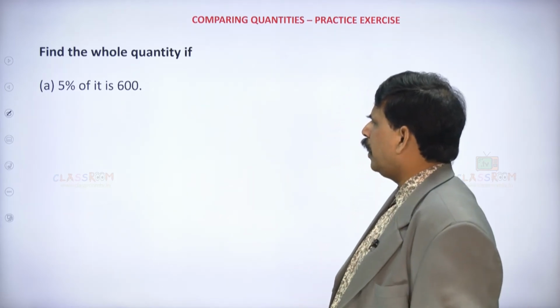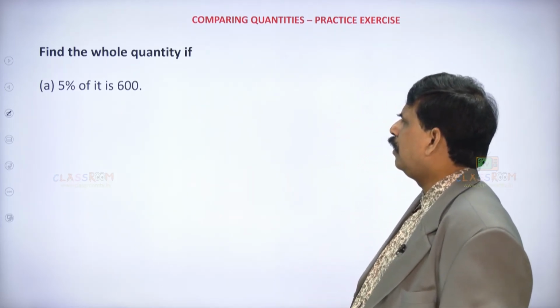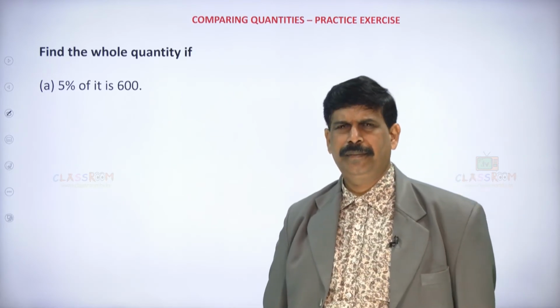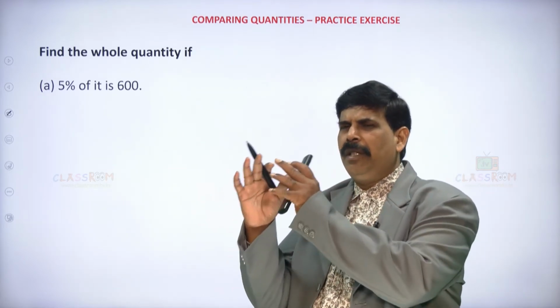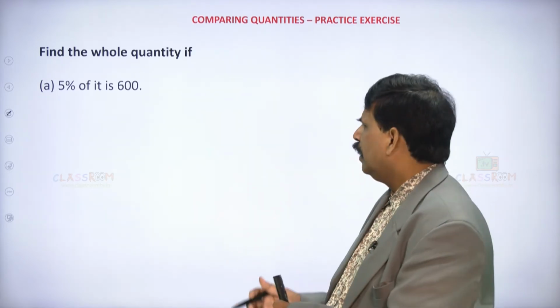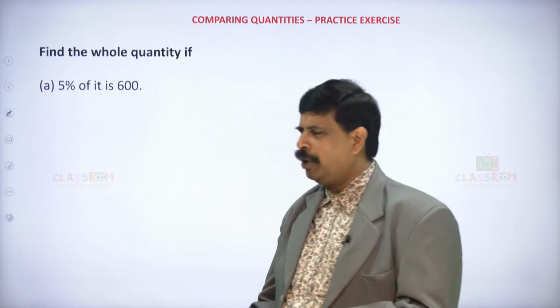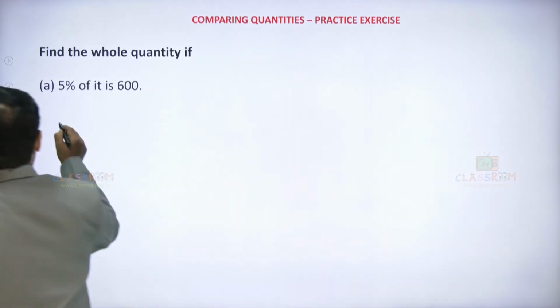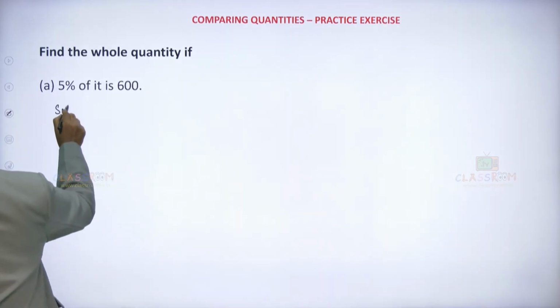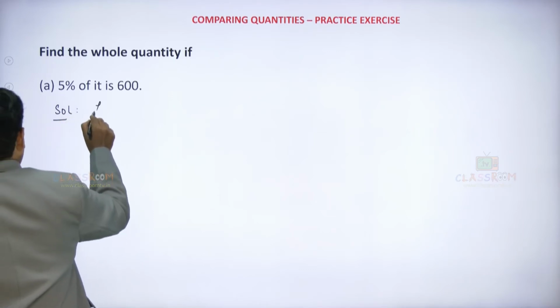Find the whole quantity if 5% of it is 600. 5% of some whole quantity is 600. So we don't know what is the whole quantity.